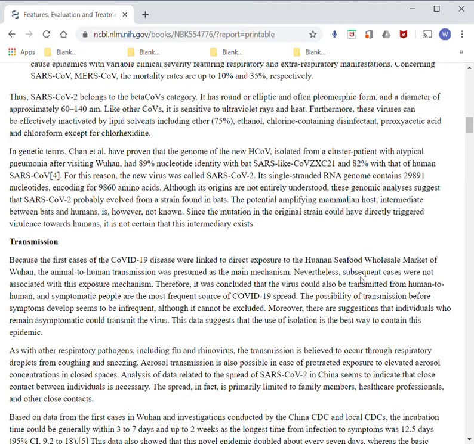Nevertheless, subsequent cases were not associated with this exposure mechanism. Therefore, it was concluded that the virus could also be transmitted from human to human, and symptomatic people are the most frequent source of COVID-19 spread. This was a few weeks ago where they put that in there.